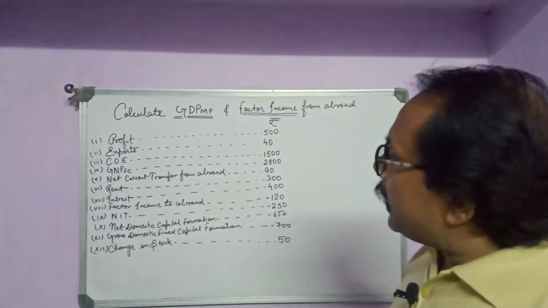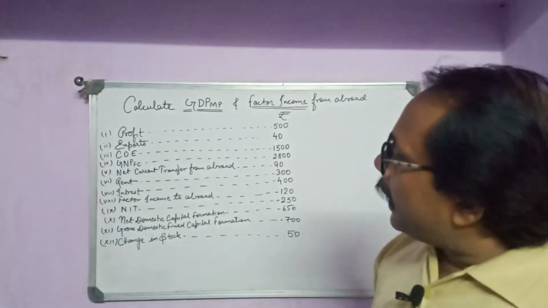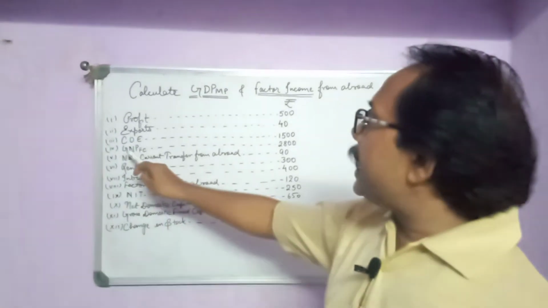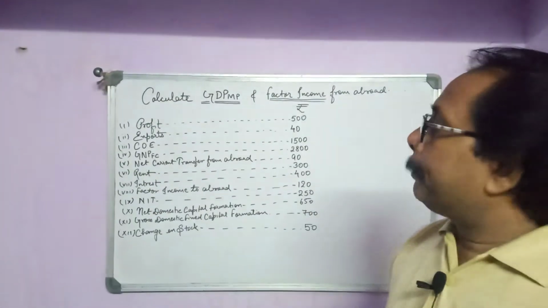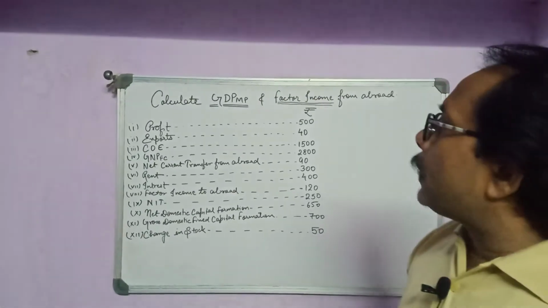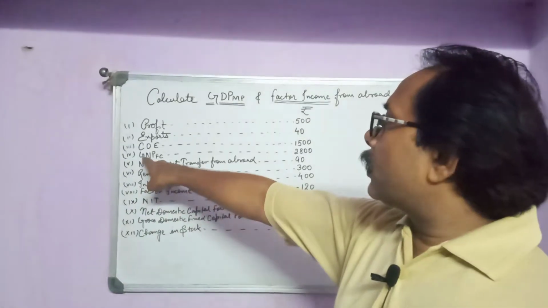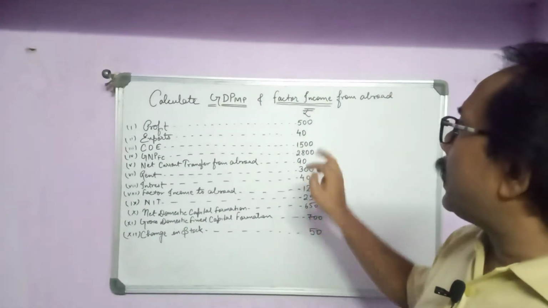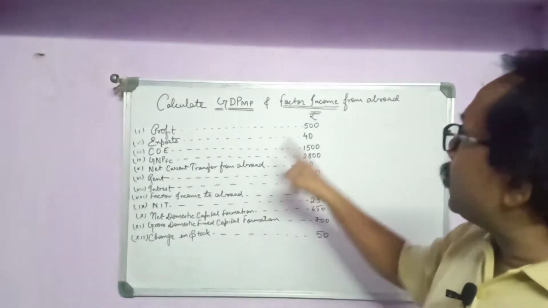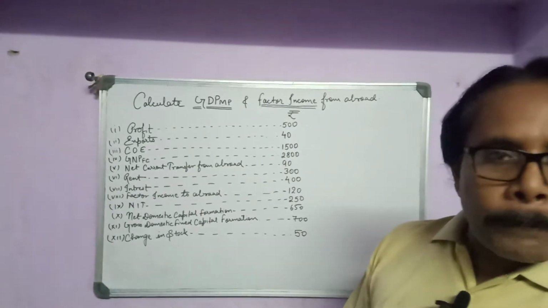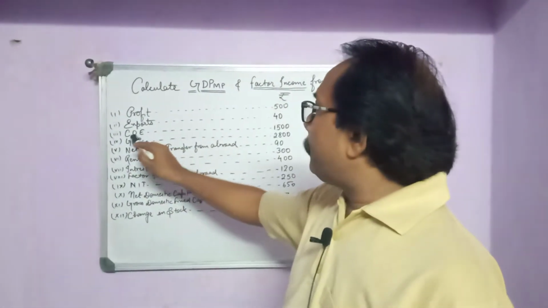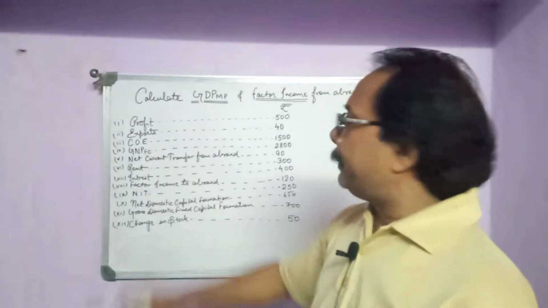Because in the data that is given, there is one item known as GNPFC. Some of the students use gross national product at factor cost, which is already given, and due to that you face the problem. So here you should not touch it before calculating the same thing.